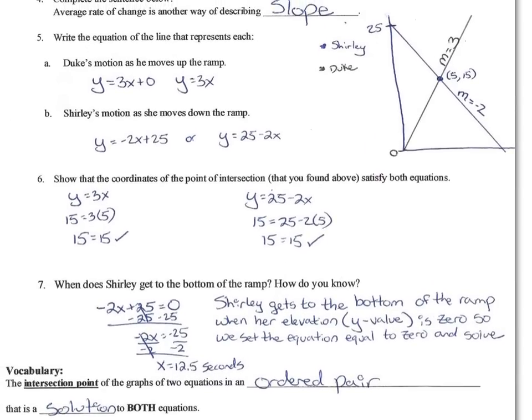So what I did is I set her elevation, which was her y value, equal to 0, and I solved for x. I end up getting 12.5 seconds. How do you know? I have a nice little sentence here, and I will be expecting you guys to write sentences in math this year. Shirley gets to the bottom of the ramp when her elevation, which is her y value, is 0. So we set the equation equal to 0 and solve.